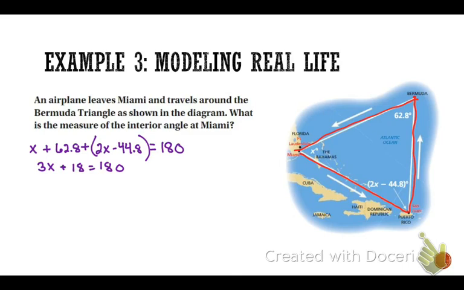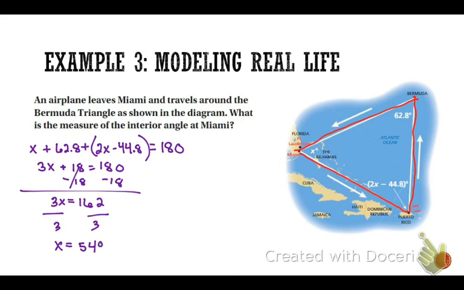What do I do now? Subtract 18. So I minus that 18. 3x equals 162. Now what do I do? Divide by 3. X equals 54. 54 degrees.